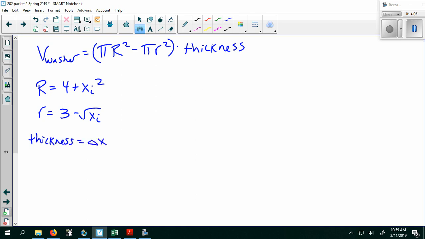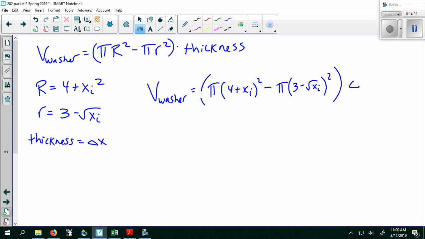So I'm going to put this all into my formula for the volume of a washer. The volume of a single washer is pi times big R squared, so (4 plus x sub i) squared, minus pi times little r squared, (3 minus root x sub i) squared, all times delta x.